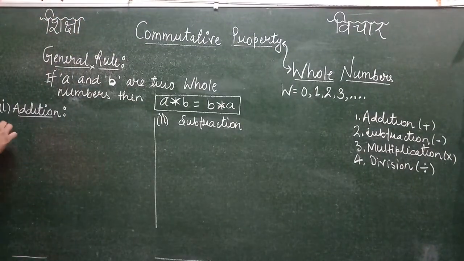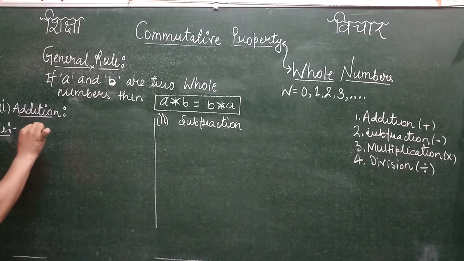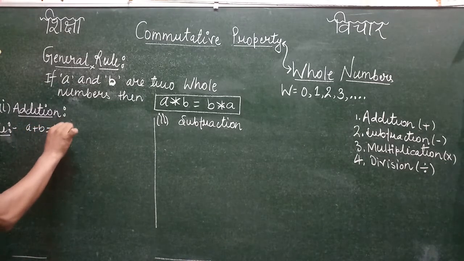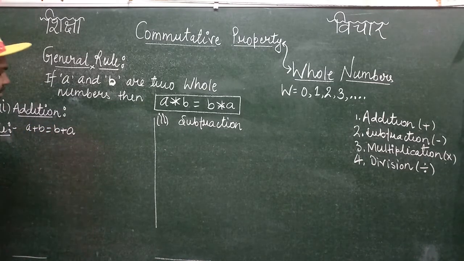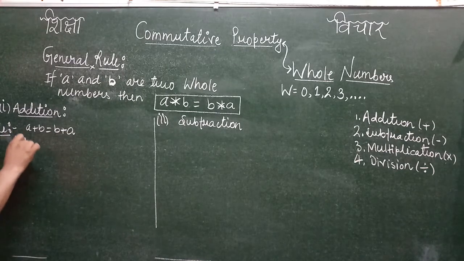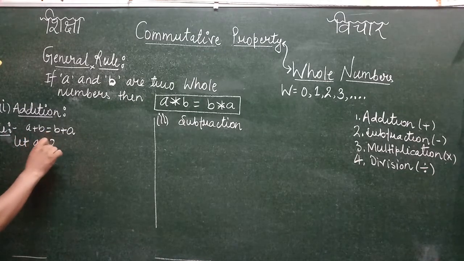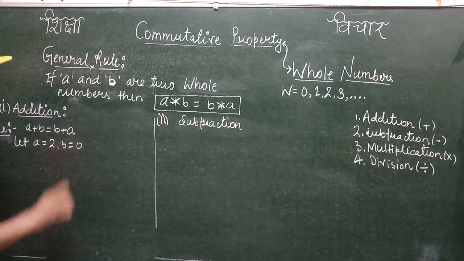Okay, first is addition. What is the rule for addition for the commutative property for whole numbers? The rule says that A plus B must be equal to B plus A. That means we will take two values, A equals 2 and B equals 0. Why 0?